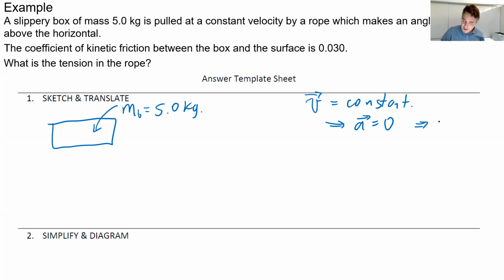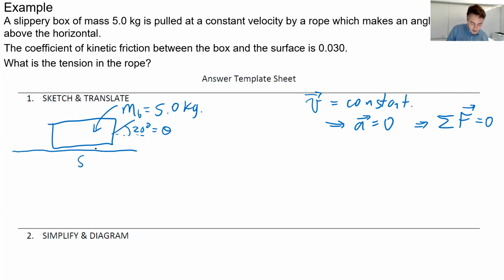And what that means is that the sum of all the forces is going to be 0. I like to write that stuff down to keep that in my head. Nothing's accelerating. Pulled by a rope, so there's this 20 degrees equals theta above the horizontal. The coefficient of kinetic friction between the box and the surface, so here's the surface, mu sub k is equal to 0.03.